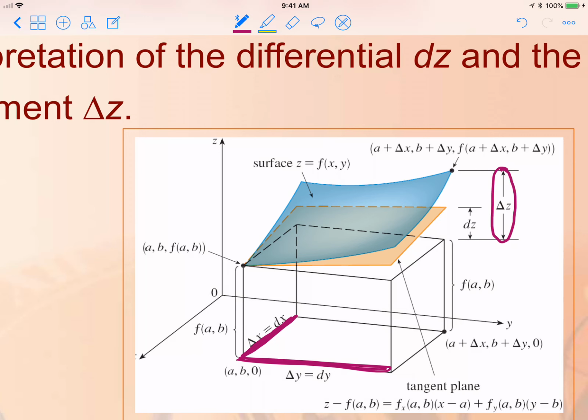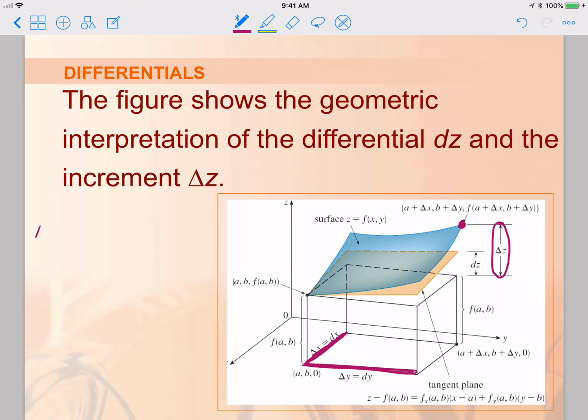It is going to be the difference between the actual and, let me see, let's go back. So our delta f or delta z is equal to f of a plus delta x, comma, b plus delta y, minus f of ab.